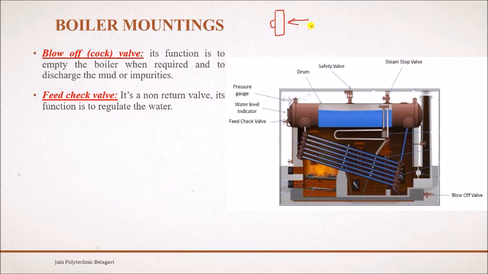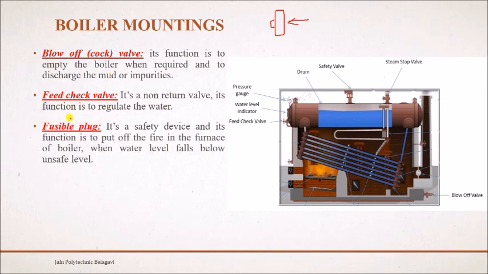So when flow is required in only one direction, we use this type of valve, which we call a non-return valve. So this feed check valve is a non-return valve. Its function is to regulate the supply of water pumped into the boiler by the feed pump, and to prevent the escape of water from the boiler, right? That's why we use this feed check valve.